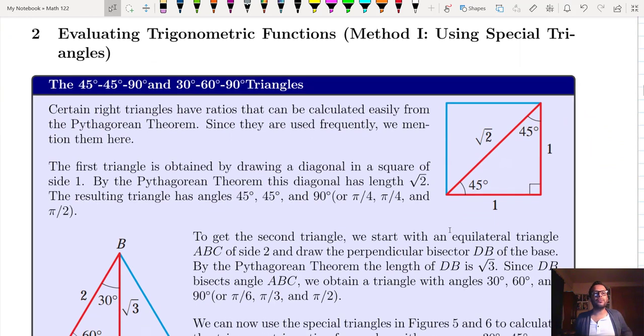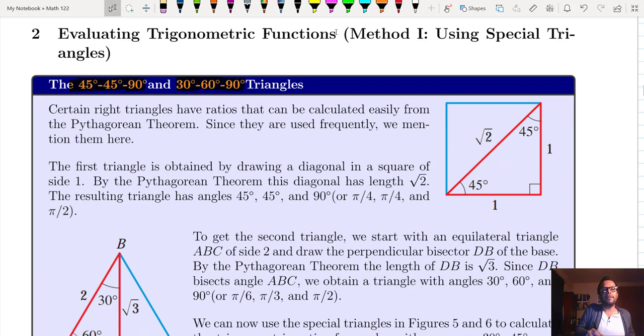All right, so we're going to work with evaluating trigonometric functions using one method. The one method using special triangles, and we are going to look at 2 special triangles here. Those 2 special triangles are going to be, number 1, the 45, 45, 90 degree triangle, and the 30, 60, 90 degree triangle, right?